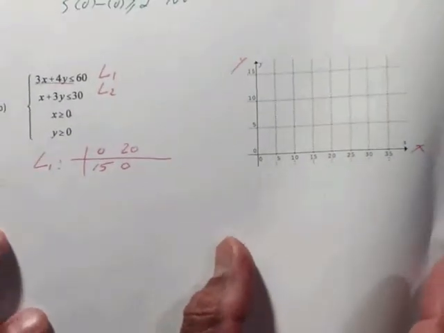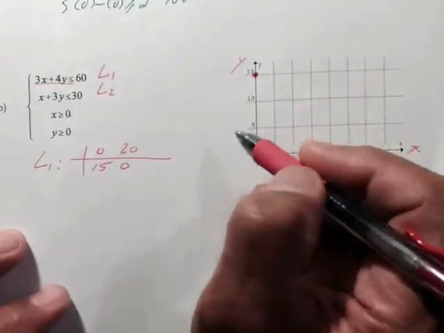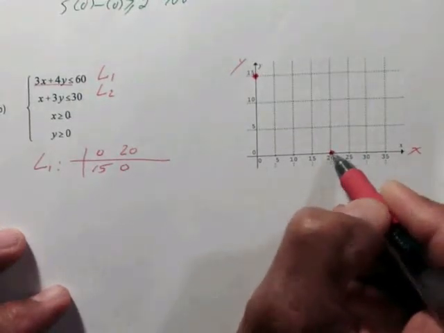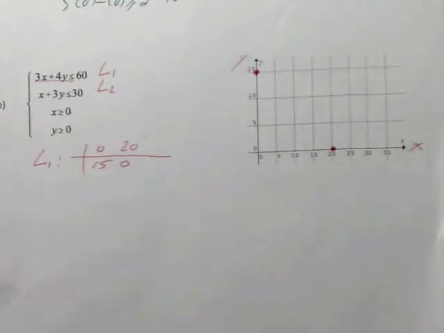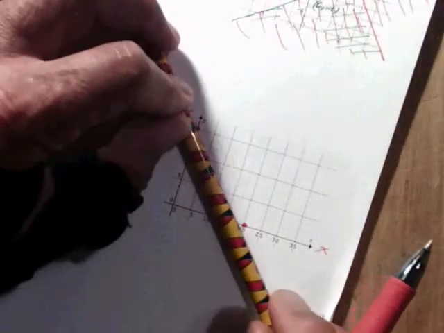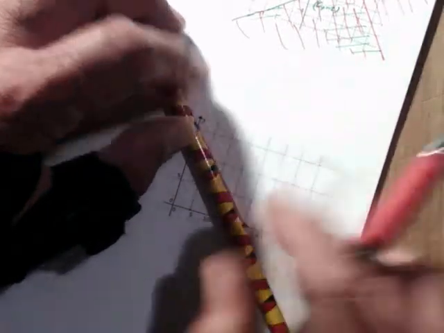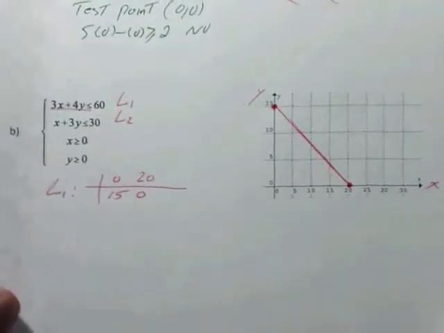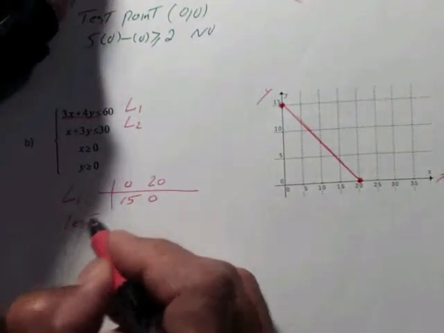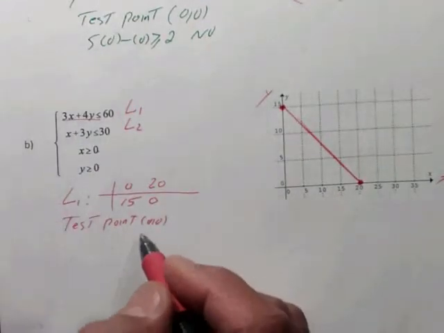Then (0, 15) is right here, and (20, 0) is right there. So what we get is this line, solid, because you have equality, just that part in the first quadrant. And test point (0, 0), I just say it because it's easy.